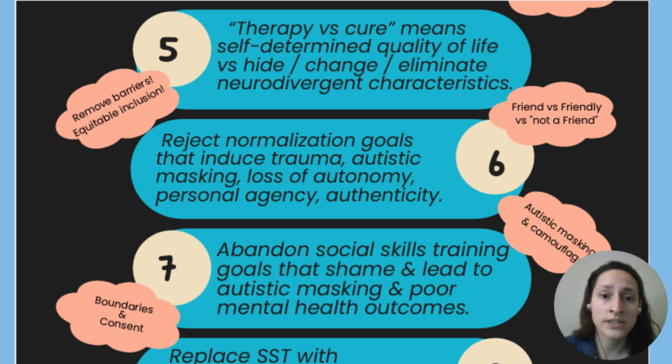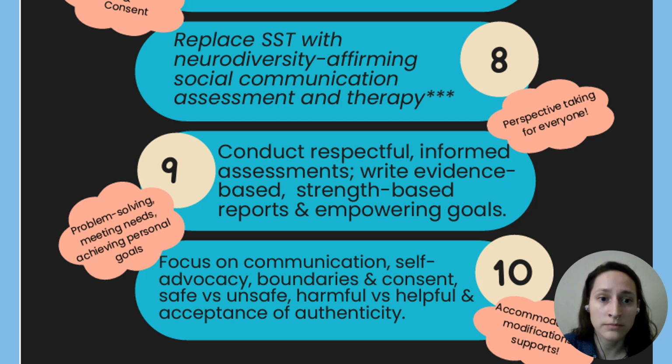Delineate therapy versus a cure, means of self-determined quality of life versus hiding, changing, and eliminating neurodivergent characteristics. Reject normalization of goals that include trauma, autistic masking, loss of autonomy, personal agency, and authenticity. Abandon social skills training goals that shame and lead to autistic masking and poor mental health outcomes.